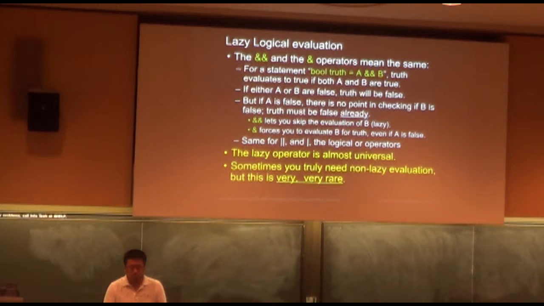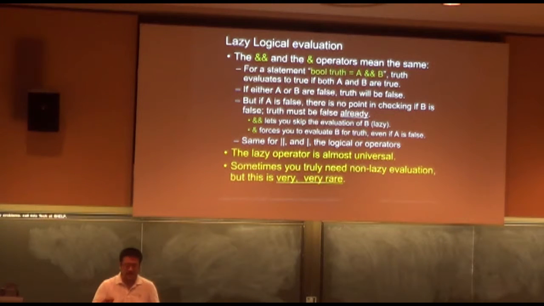You usually evaluate one side, and you don't evaluate the other side if you don't have to, and it gives you the same result. There are very rare cases when you need to insist on evaluating both sides, and that's when evaluating A and B creates a state change in your code some other way.